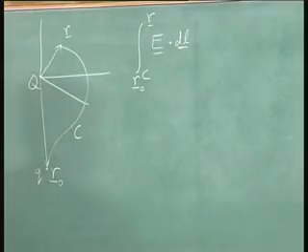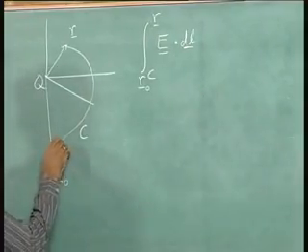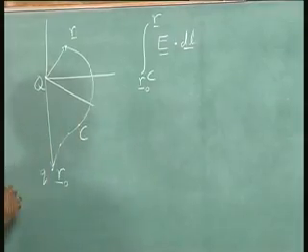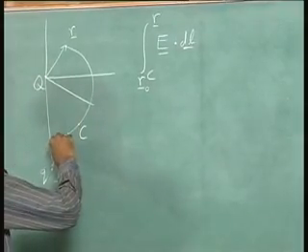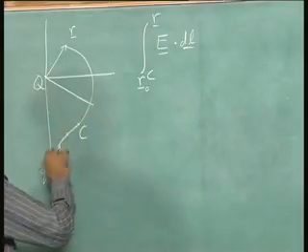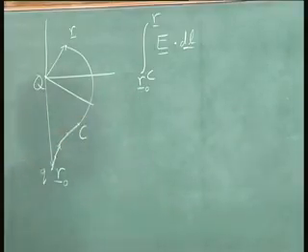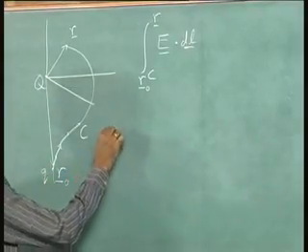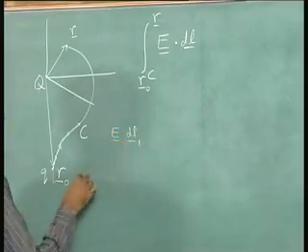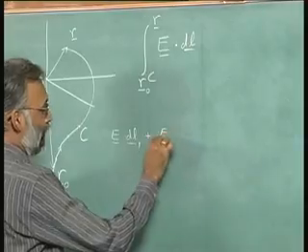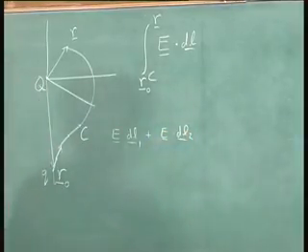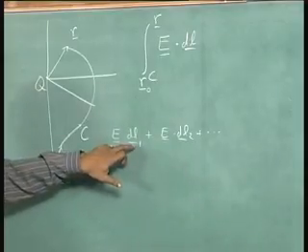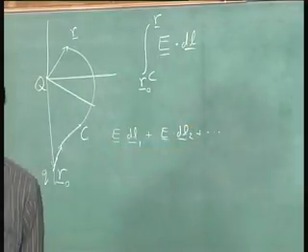What this integral means is I choose a lot of points along this curve and I draw little arrows, and on each arrow I find the local electric field and I compute E dot dl1, then I add E dot dl2, etc., and I take that whole sum, and then I let dl1, dl2, dl3, etc., become very small.